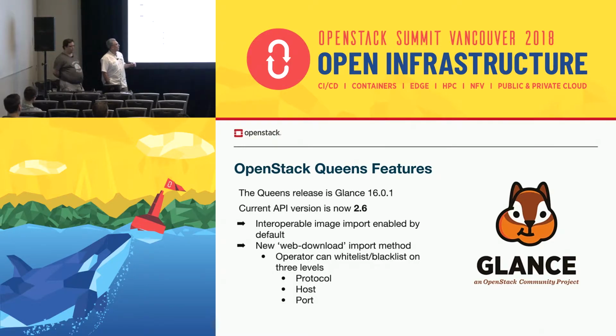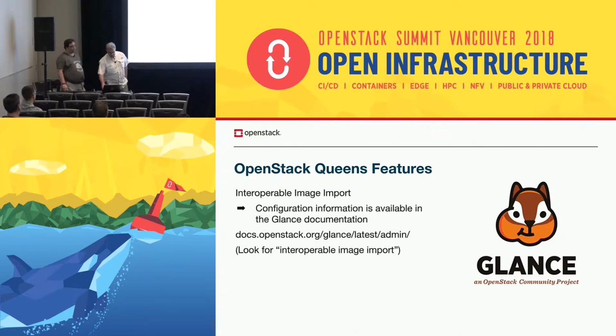To make it more secure, there's a whitelist and blacklist that you can configure that will handle filtering on 3 different levels to allow or disallow different URLs that you get images from. How to configure this is all in the Glance documentation.